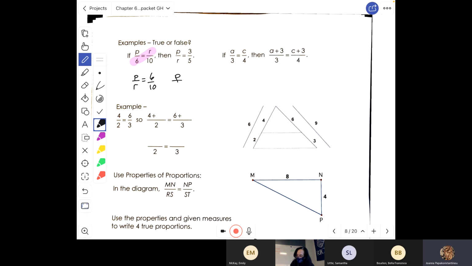So is P over R equal to 3/5? Well, if I simplified the right-hand side in the first one, dividing both the numerator and denominator by 2, what do I get? So this is true, right?